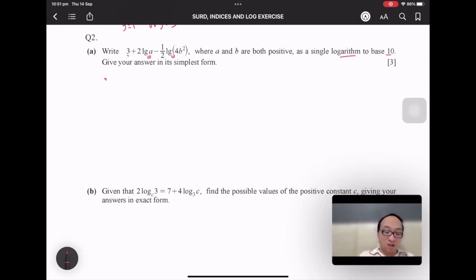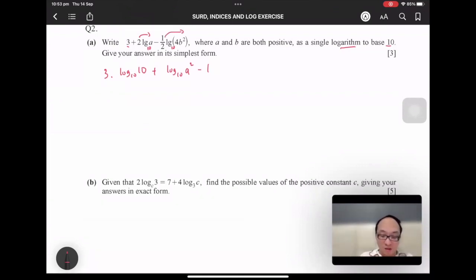So the 3 can be multiplied by 1, and 1 is the log of 10, plus 2 log A. So I can remove the 2 by putting it as a power, log 10 A squared, minus, do the same thing, log base 10 for B squared to the power of half.